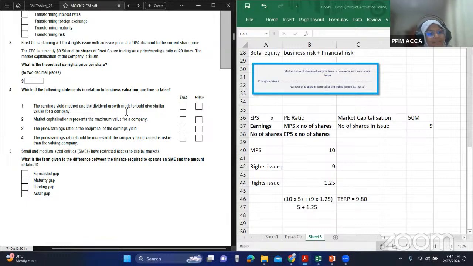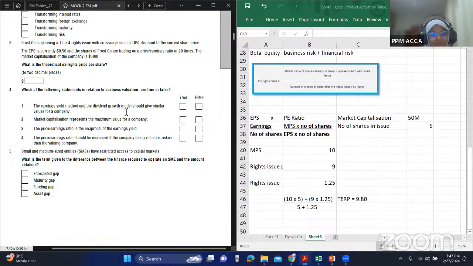Then the fifth one is saying small and medium-sized entities have restricted access to capital markets. Okay, they have restricted access to capital markets. What is the term given to the difference between the finance required to operate a SME and the amount obtained?